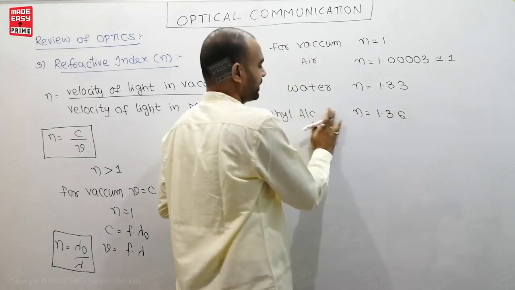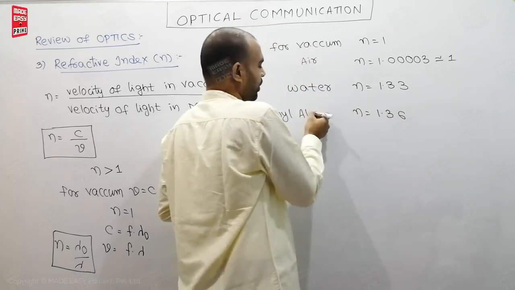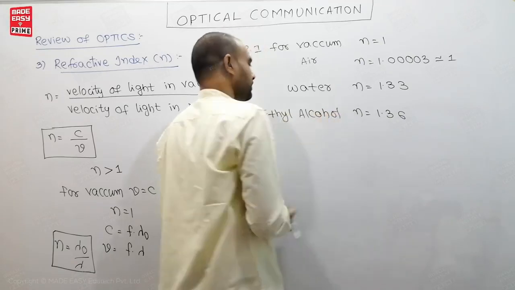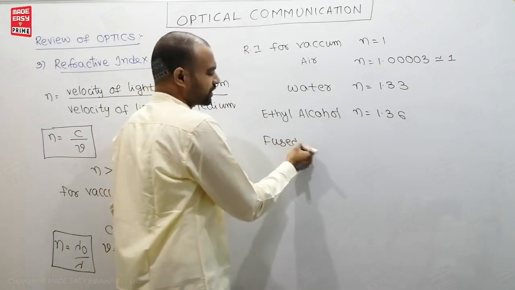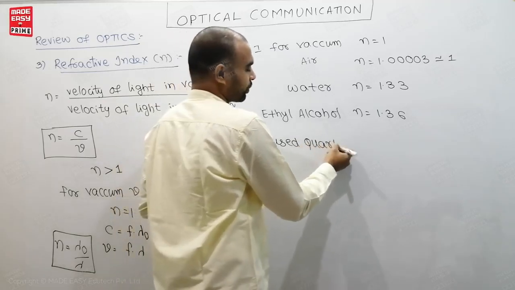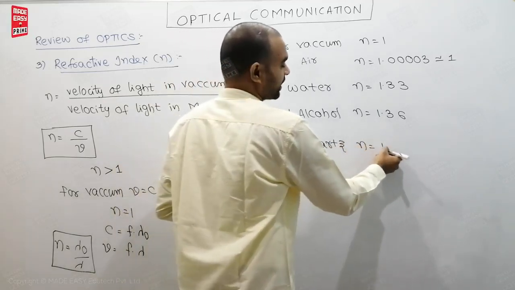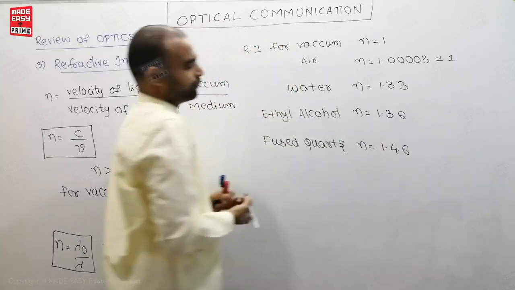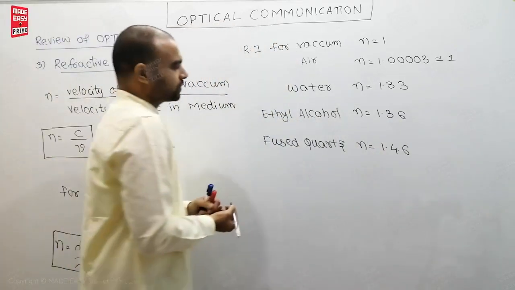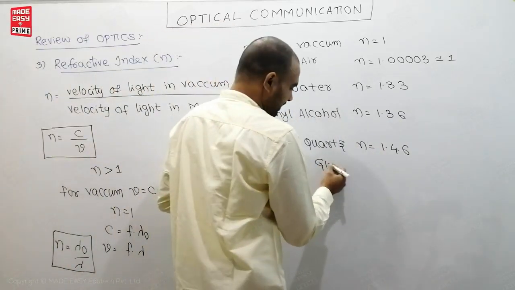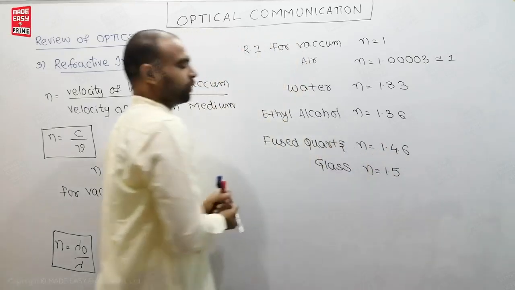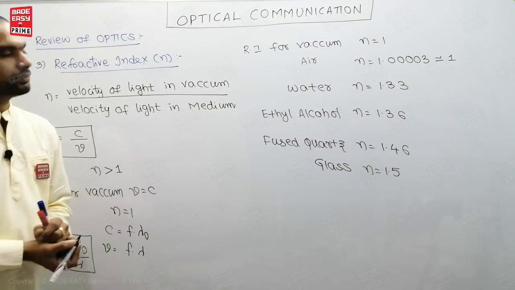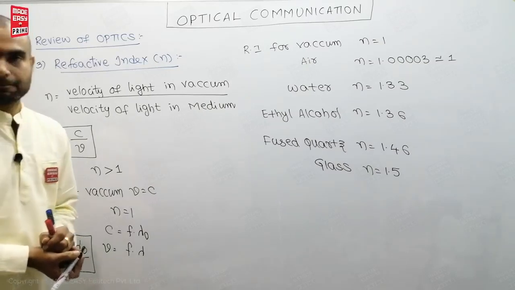For fused quartz, n is equal to 1.46. Similarly for glass, n is equal to 1.5.